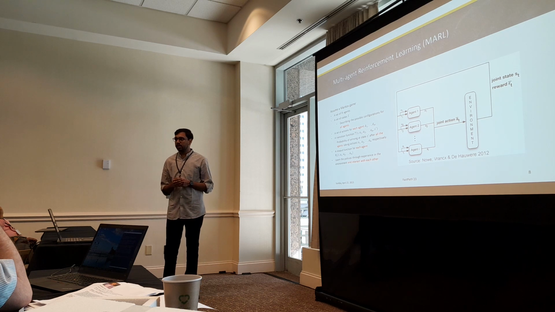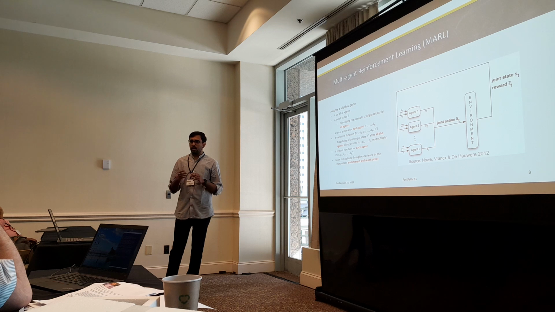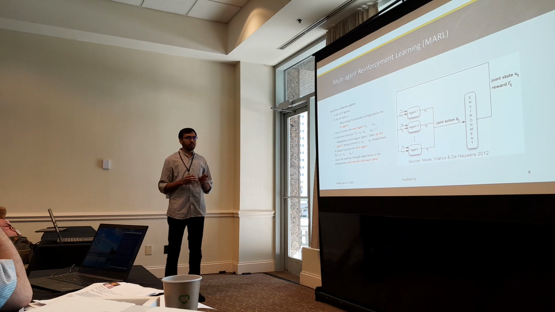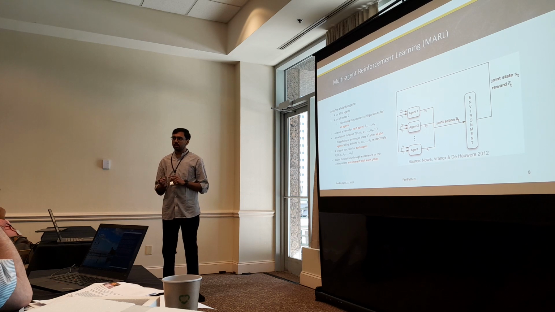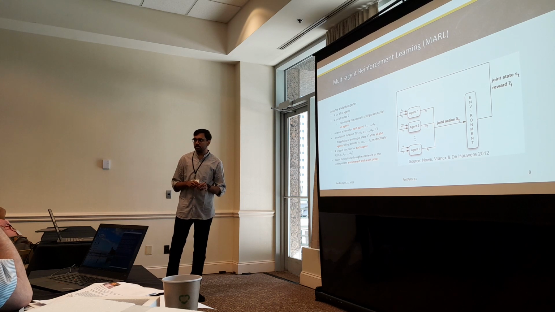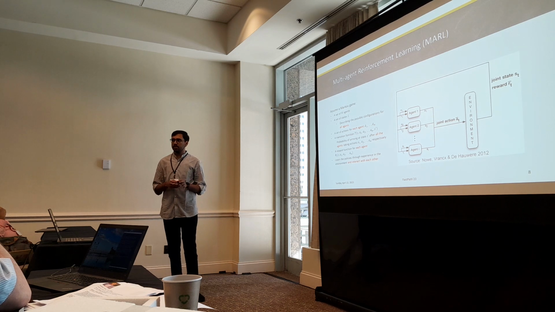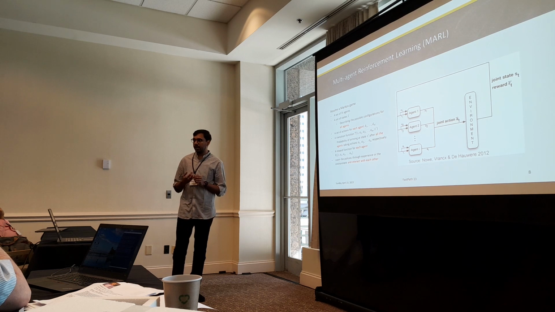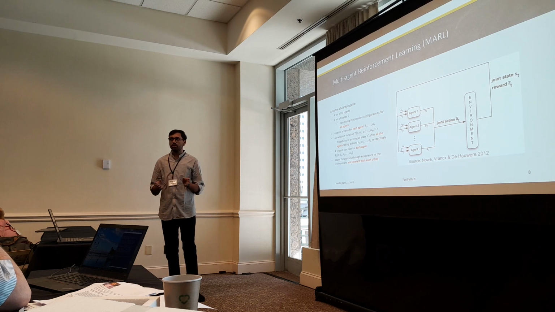But here in a multi-agent reinforcement learning system, traditionally the mechanism is the same, but the transition to the next state and also the reward are both functions of the joint actions of all the agents in the environment. The only difference is that in reinforcement learning you can also execute multiple agents working in parallel, but they don't share any environment.